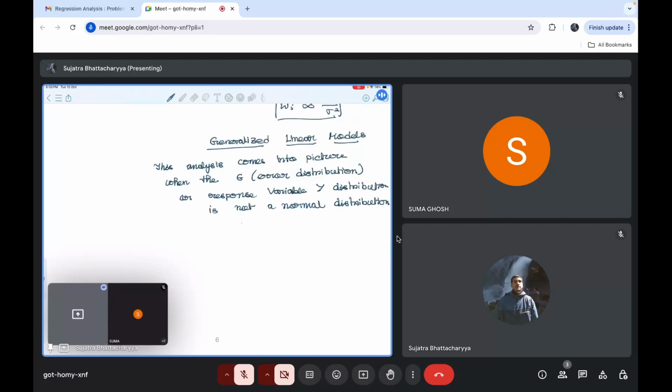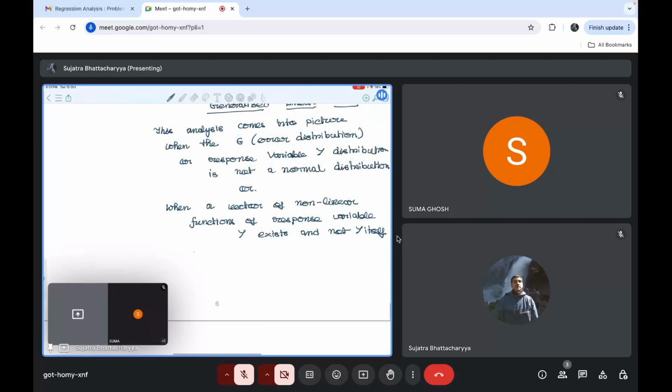Also, there are other conditions, like when a vector of non-linear functions of the response variable y exists, and not y itself.